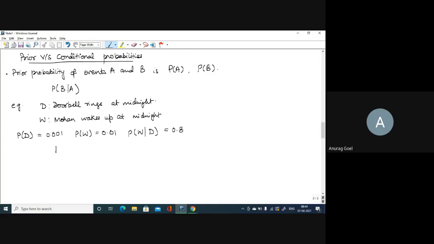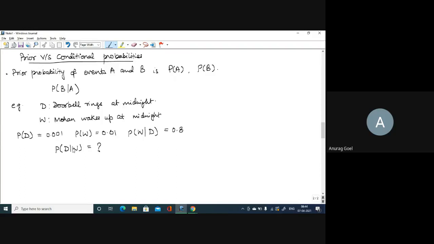Then, if we want to calculate P of D given W, that means: if we know that Mohan wakes up at midnight, what is the probability that it is because the doorbell rang?